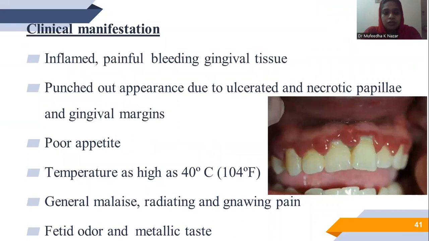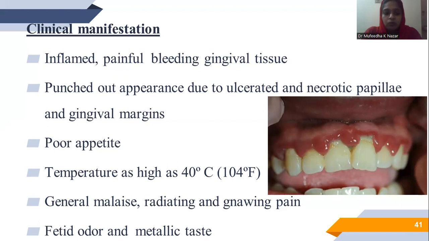Clinical manifestations of ANUG. As we said earlier, the lesion starts to appear in the interdental papillae and there will be inflammation and painful bleeding gingival tissue. There will be a characteristic punched-out appearance due to the ulceration and necrotic papillae and gingival margins.